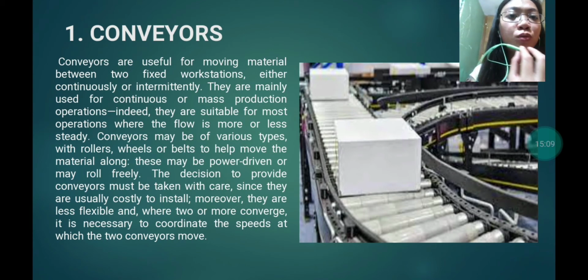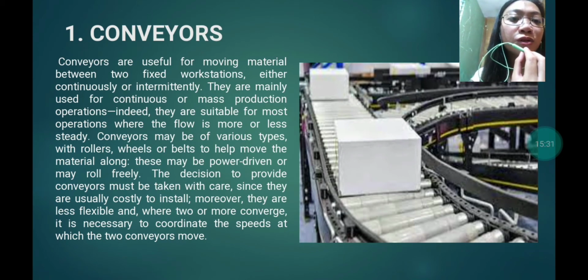They are mainly used for continuous or mass production operations. They are suitable for most operations where the flow is more or less steady. Conveyors may be of various types, with rollers, wheels, or belts to help move the material along. This may be power driven or may roll freely.